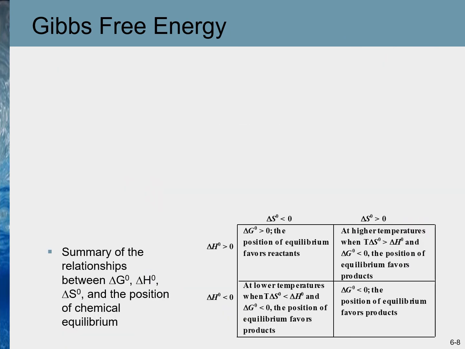As we learned, the change in free energy of a reaction can be used to determine if a reaction favors the formation of products or stays as reactants. So if delta G is negative, it will favor the formation of product. If delta G is positive, it will not favor the formation of products.